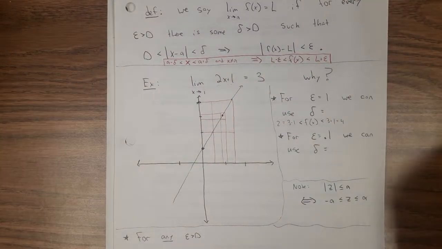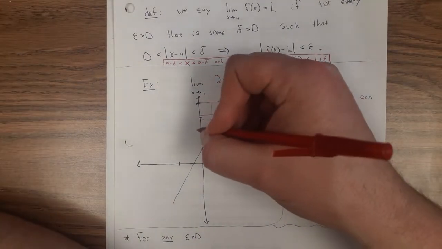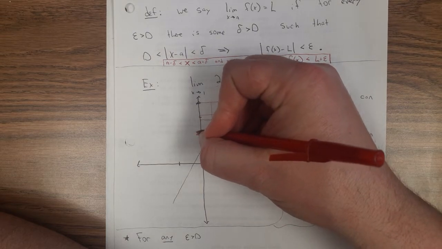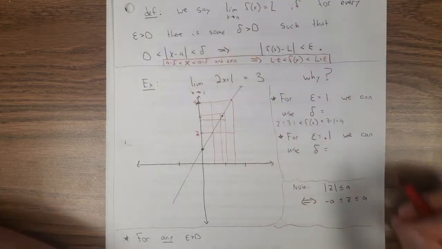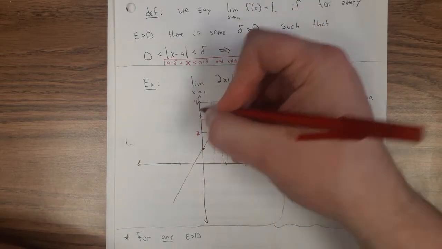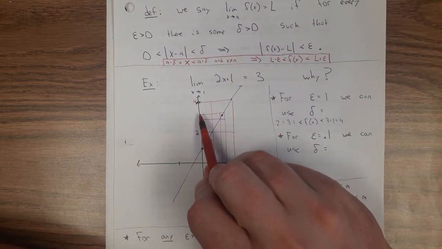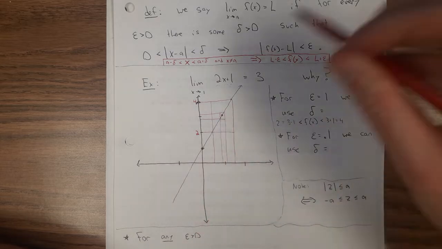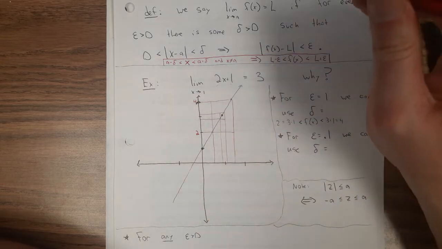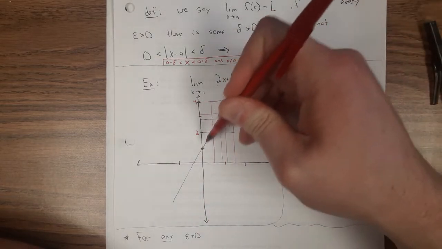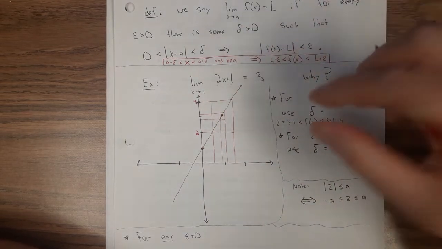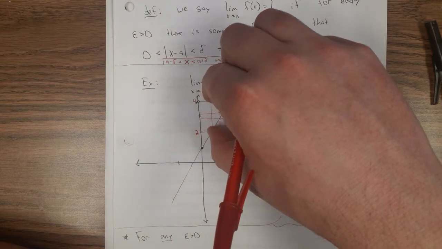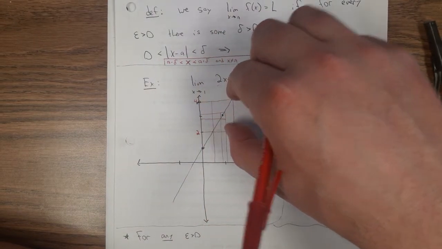Now, hopefully we can see why I drew these lines in advance. So here's 3. I don't want to write too close to this because we're going to do something later, and this is a small part. So, right, in any case, here's 2 and here's 4 on the y-axis. And I want to talk about the part of the graph that's in between here and here.